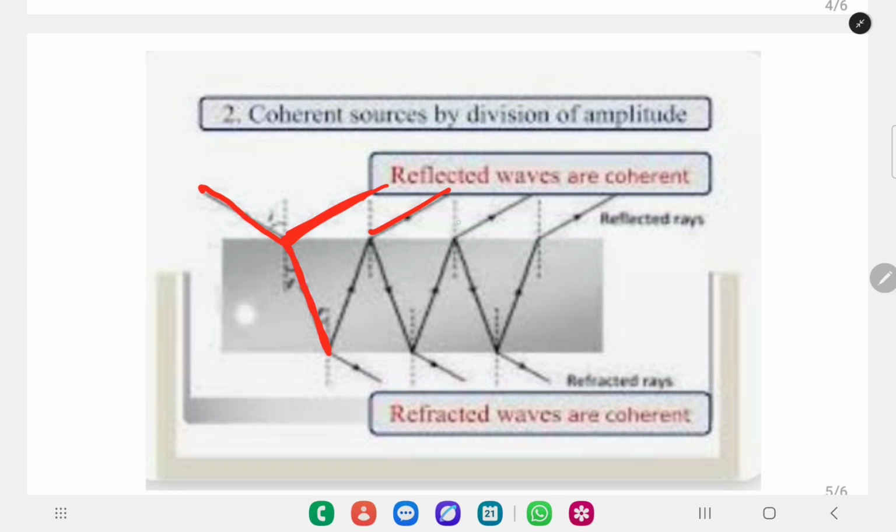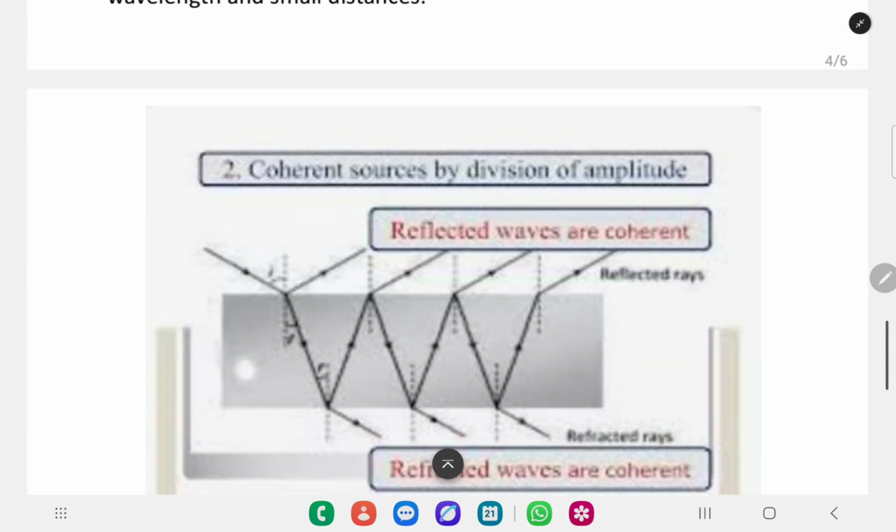These are the reflected waves, and these are refracted. So we can see the interference pattern, and such a pattern is due to the division of amplitude.